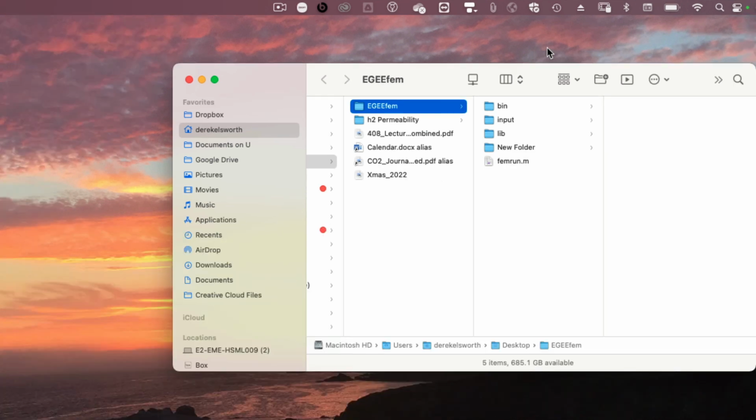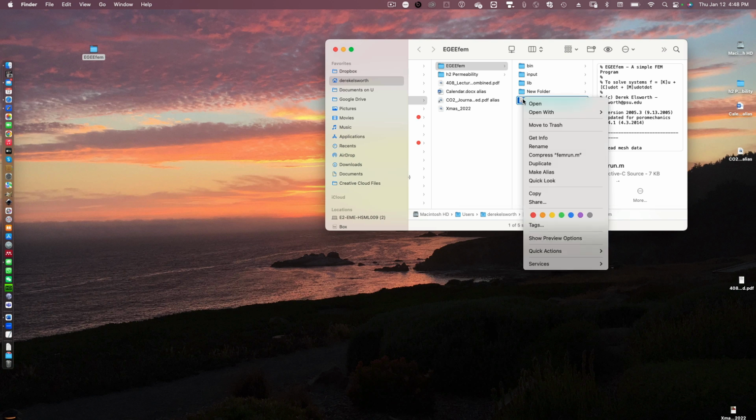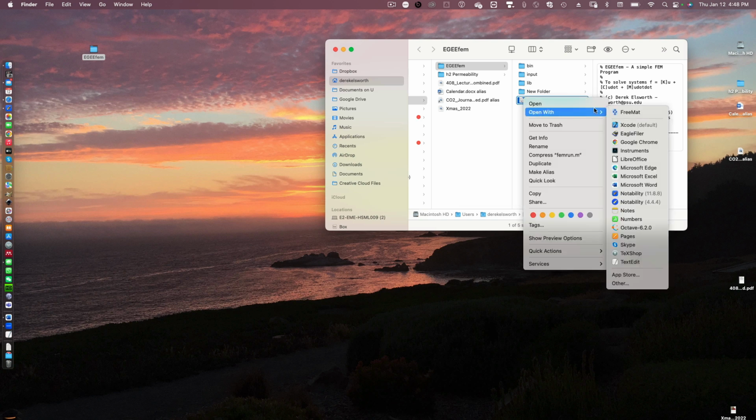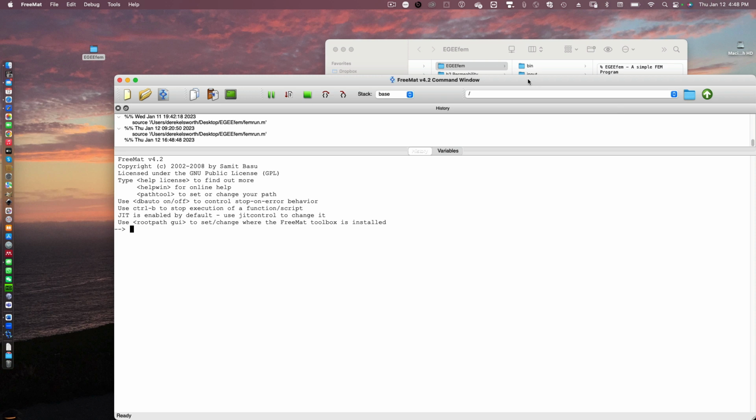You could also use something like Octave, which is free, under a GNU license. I tend to use a program called FreeMat, which is a Mac version of a MATLAB lookalike, a free version of MATLAB.